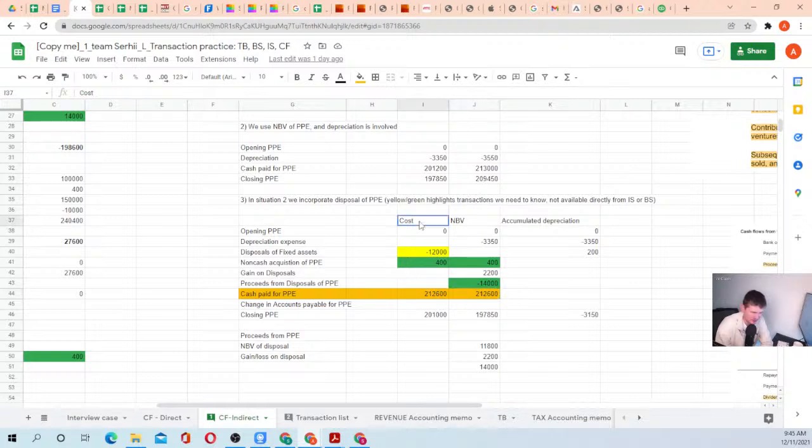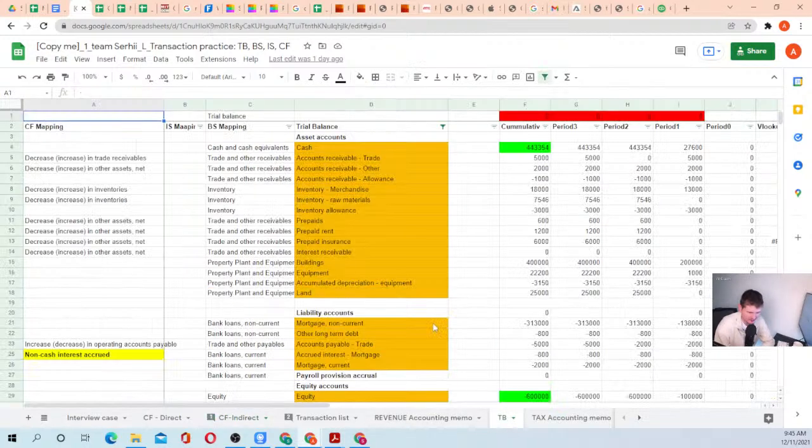And to do so, if we start with cost, and if we did any disposals of fixed assets here, we need to have a disposal number, and usually that is not what's available from your trial balance.